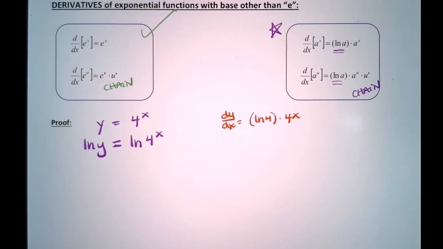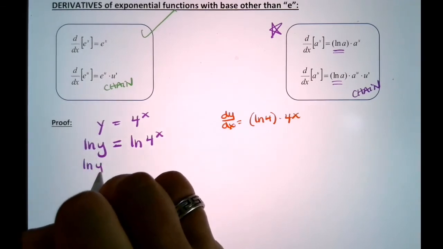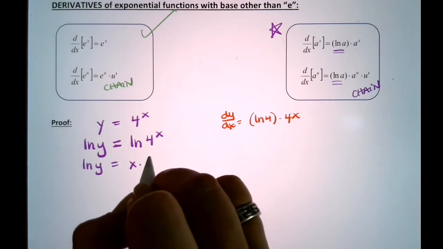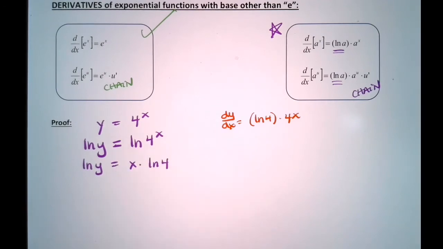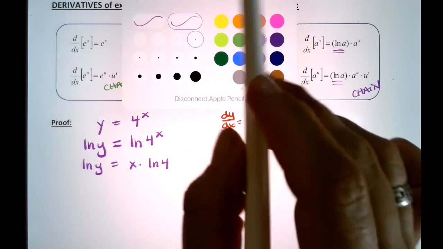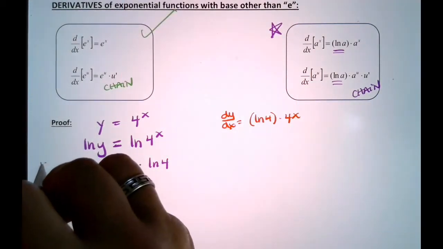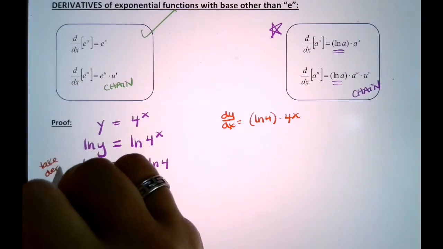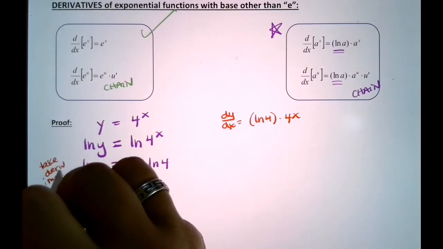Now, because I have a natural log on the right, I can use that property which says take that power and dump it in front. Again, I have an implicitly defined equation now, so right at this moment, I'm going to take the derivative implicitly. What does that mean?